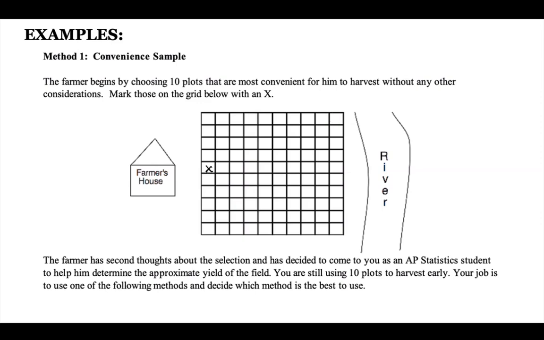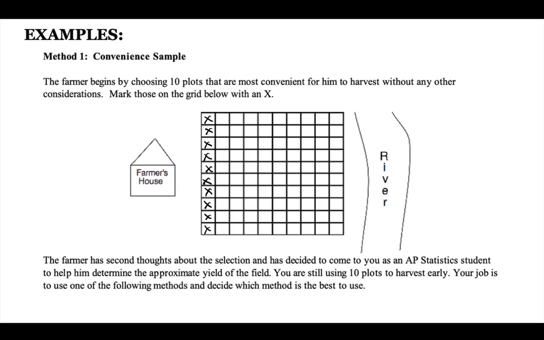Well, these right here are right by his house, right? The row of plots or the column of plots that's exactly closest to him. That's a convenient sample. So that's the one he chooses. He or she, I should say.